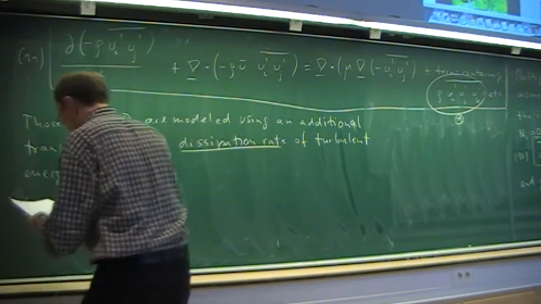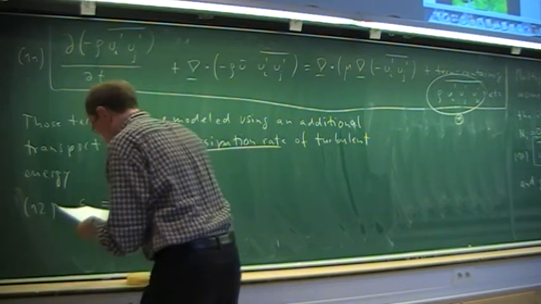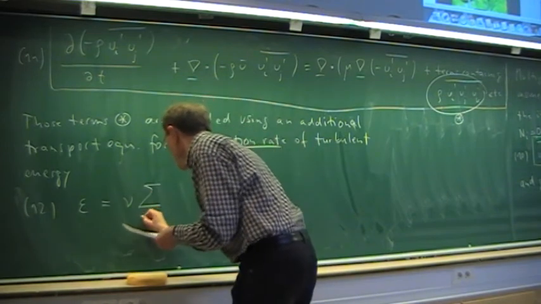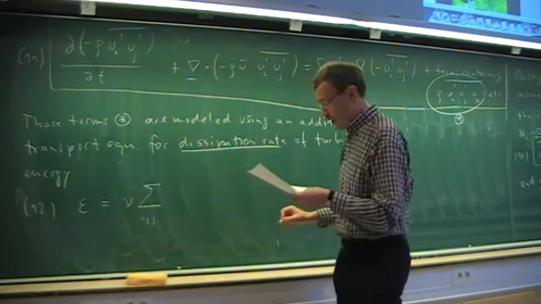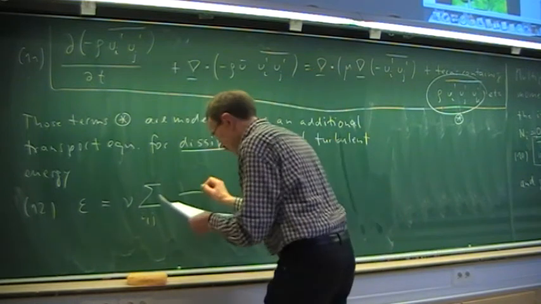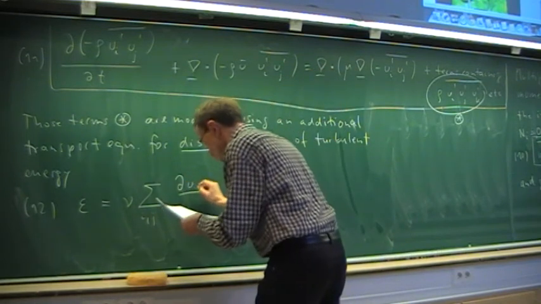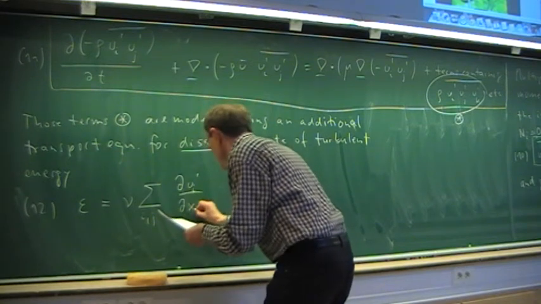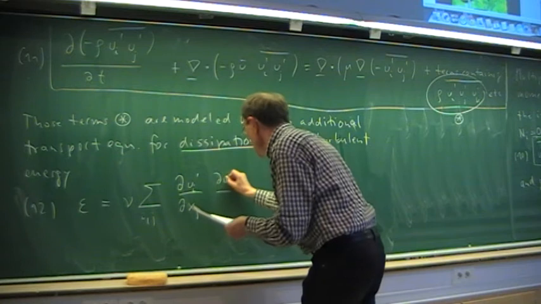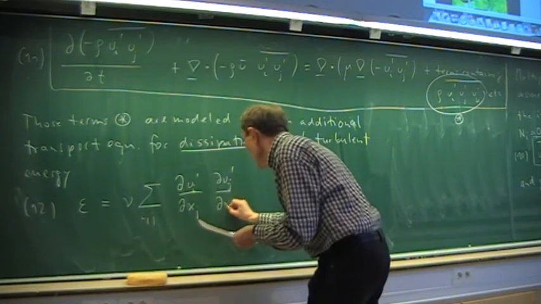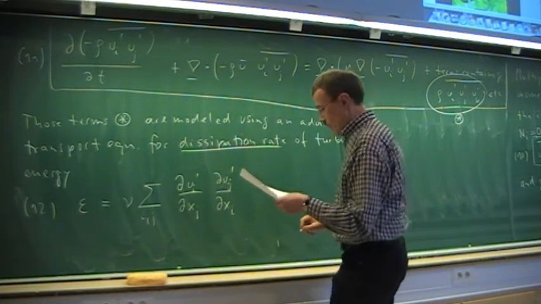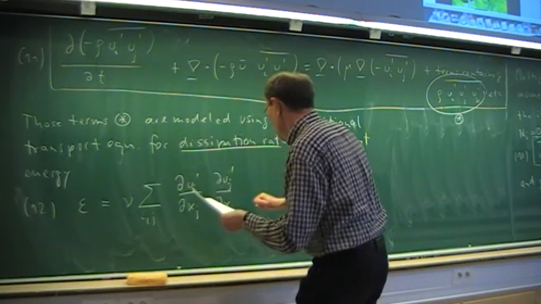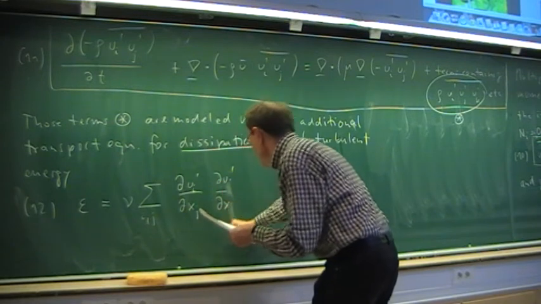Now is the definition finally here of epsilon that we have seen before. That is nu, the kinematic viscosity, times the sum over all components ij, where we have the derivative du_i'/dx_j times du_j'/dx_i. Let's see, no, that was wrong. That is just the product.